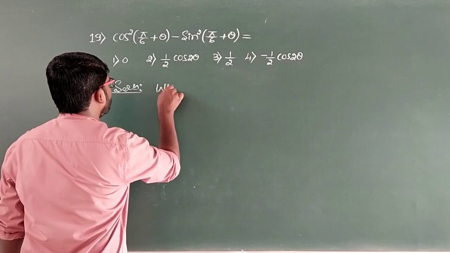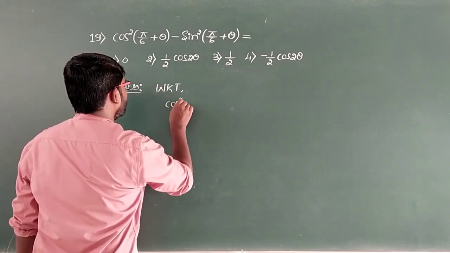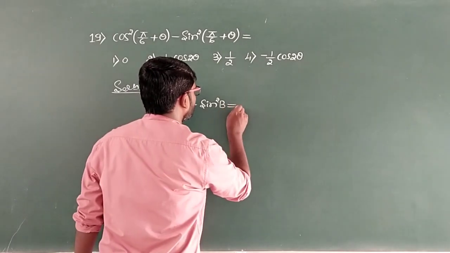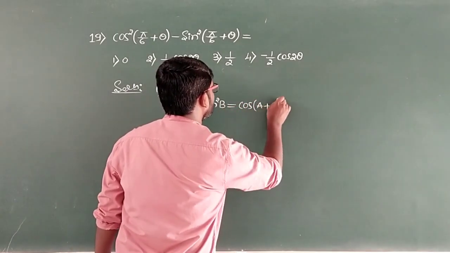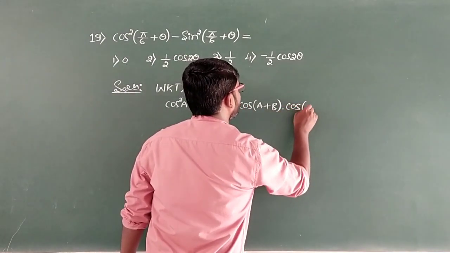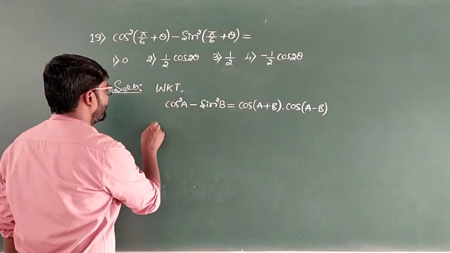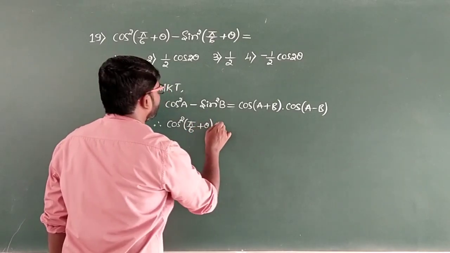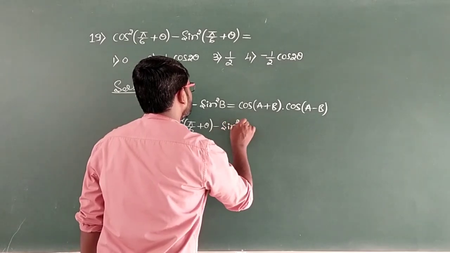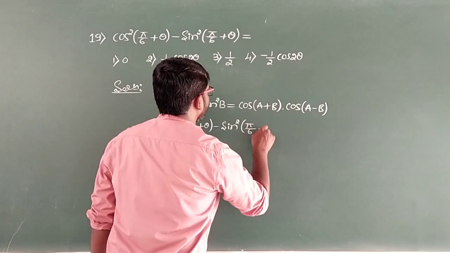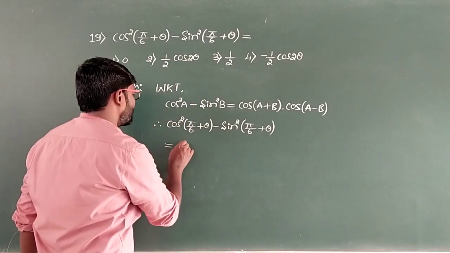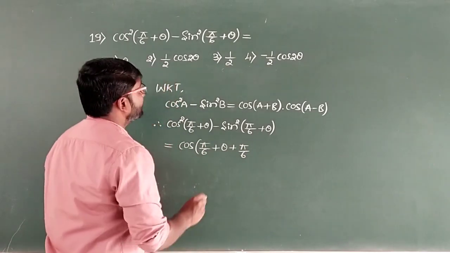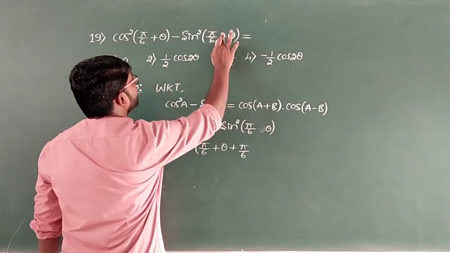So here we know that cos square A minus sin square B equals cos of A plus B into cos of A minus B. Therefore, cos square of pi by 6 plus theta minus sin square of pi by 6 plus theta equals cos of A plus B. A means pi by 6 plus theta, plus B pi by 6, sorry, this has to be minus theta.